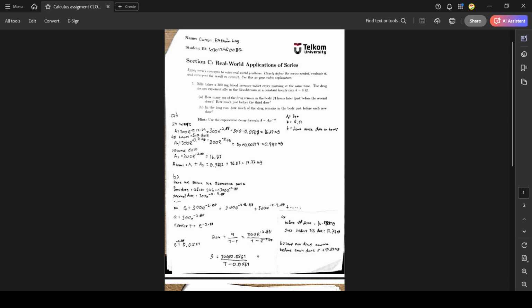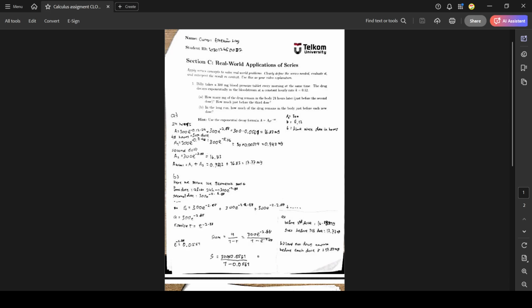So A is equal to 300 times exponential of minus 0.12 times 24, because it's 24 hours we first count, and the value ends up like 16.83 milligrams.